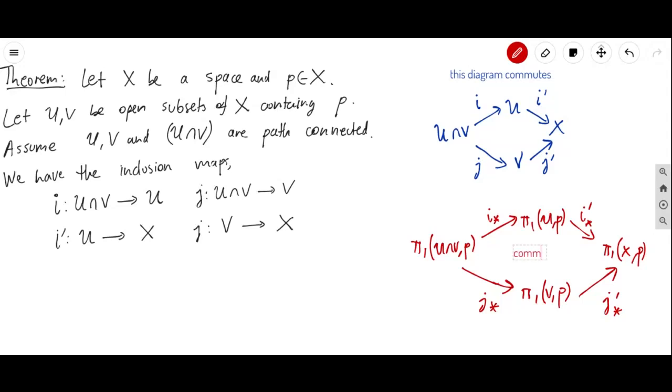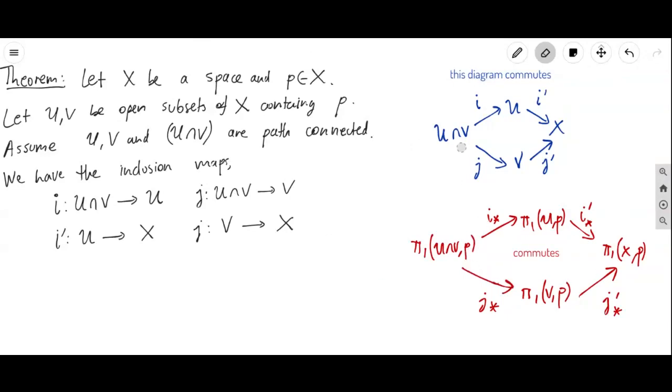This diagram commutes as well, for the simple reason that the fundamental group preserves commutative diagrams. That's one of the properties of the fundamental group functor that we've talked about. If you have a commutative diagram of topological spaces and you apply the fundamental group to the diagram, you get a diagram of groups and homomorphisms, and everything will commute.